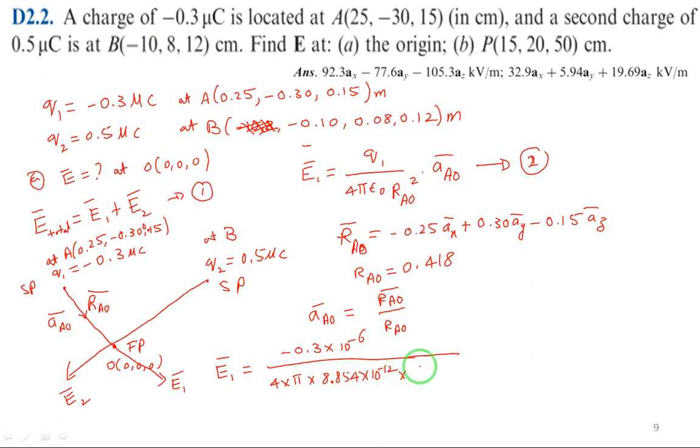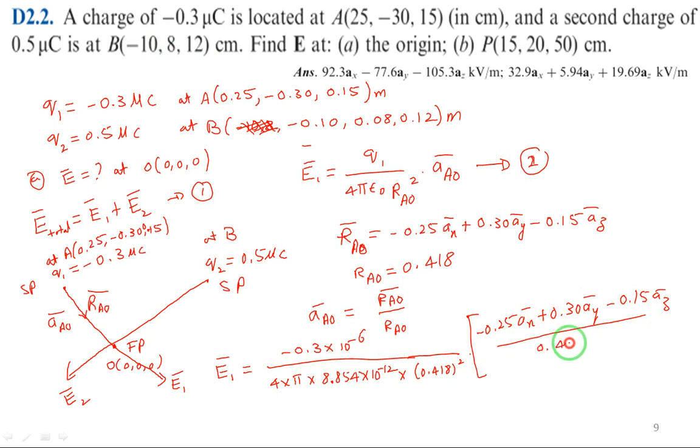Then what is RAO square? RAO is 0.418, 0.418 square into AAO. What is AAO? The vector RAO. What is vector RAO? I am writing here. The vector RAO is minus 0.25 AX plus 0.30 AY minus 0.15 AZ divided by its magnitude.